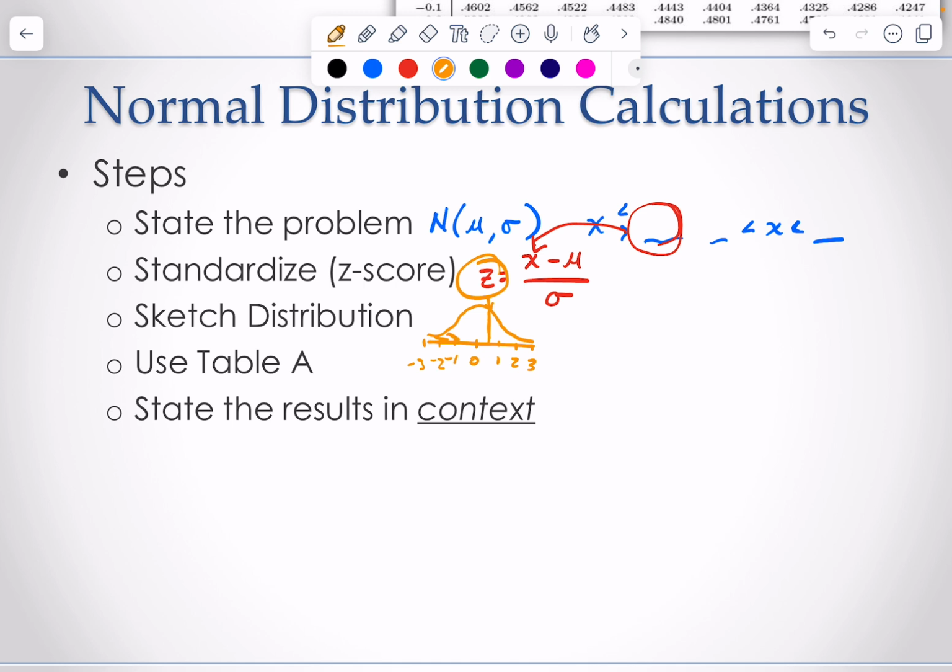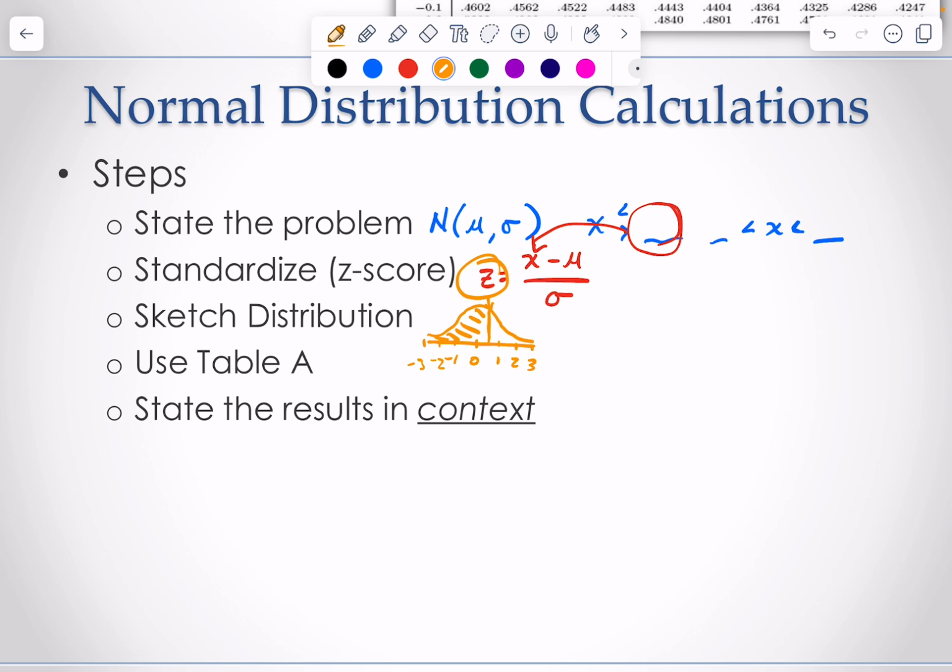So if I wanted to go to the left, I would shade everything to the left. What this does for me is it allows me to see ahead of time what percentage I should be looking for. So I have an idea in my head what type of value I should be looking at. It helps me remember if I need to subtract from 1, to make sure that makes sense with my picture.